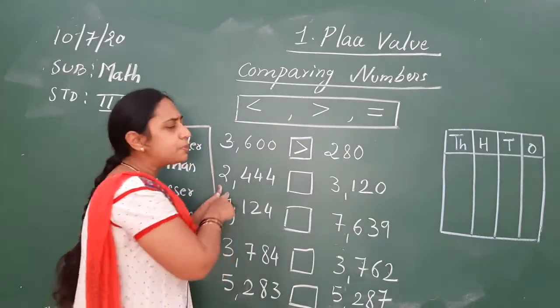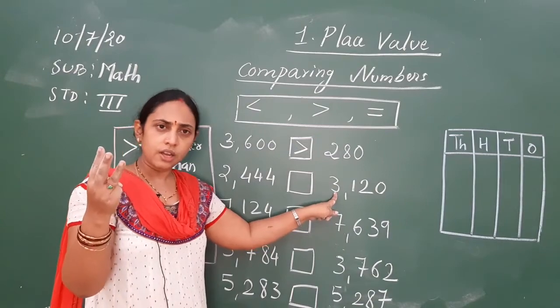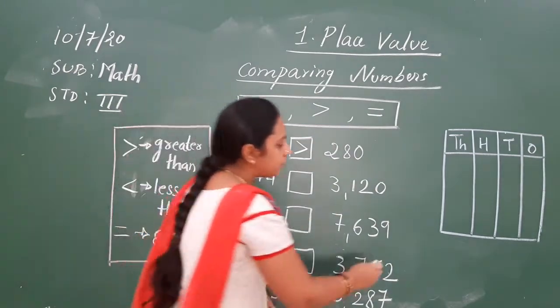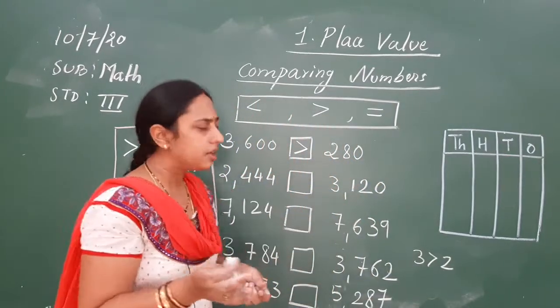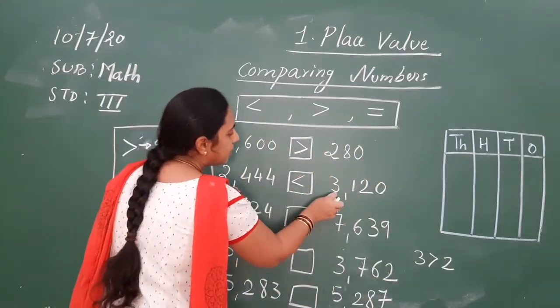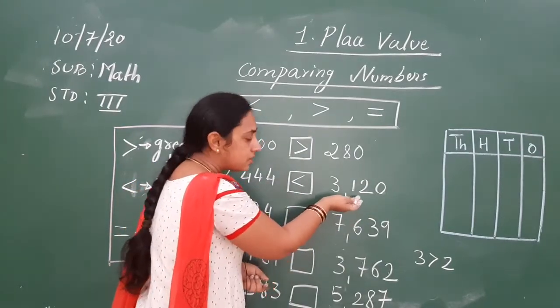In the thousands place, here it is 2, here it is 3, right? So we know that 3 is greater than 2. So when 3 is greater than 2, obviously 3120.